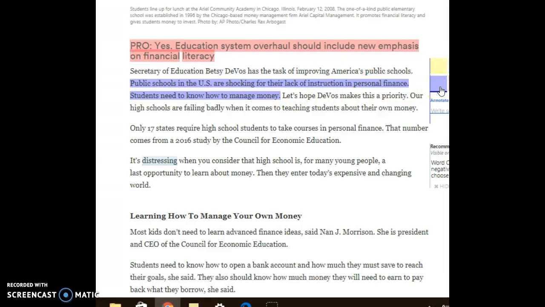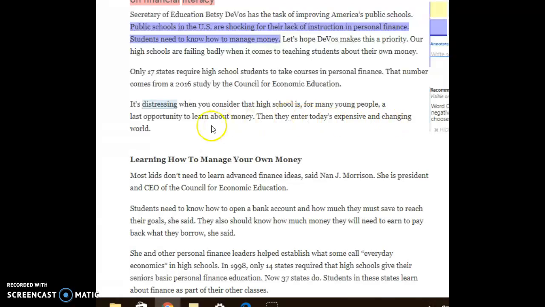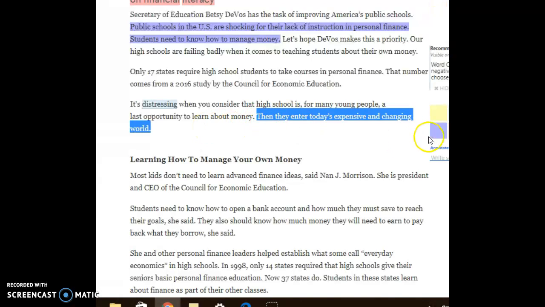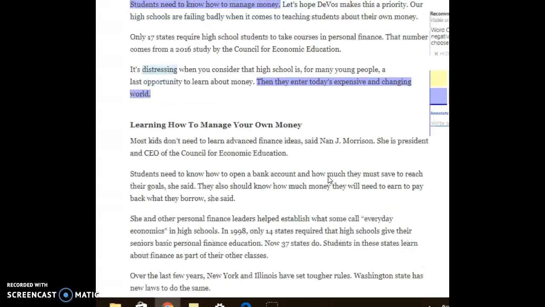I'm going to highlight them in my purple for now, but hopefully she comes back and gives us more information about that. She also explains that today's world is expensive and changing, and that is another reason why she thinks that all students should take a personal finance class. So she goes over the problem here, the issue, and gives us some reasons for it. Let's see if she dives deeper into those so that we can outline those later on.